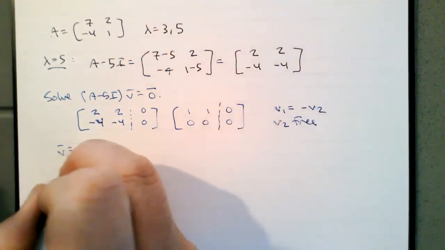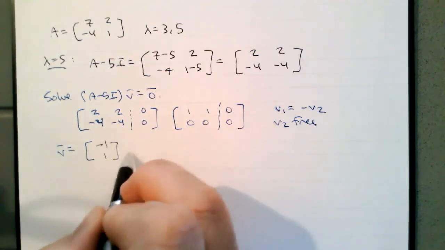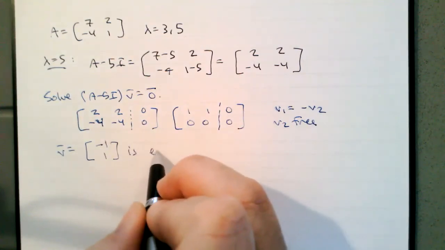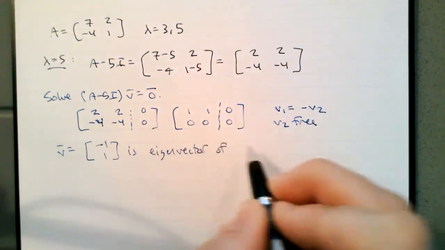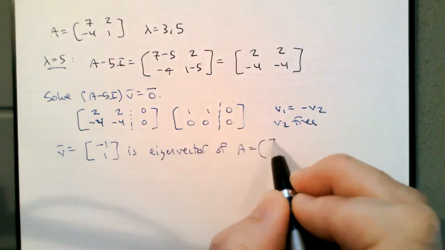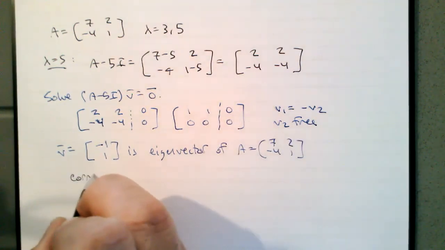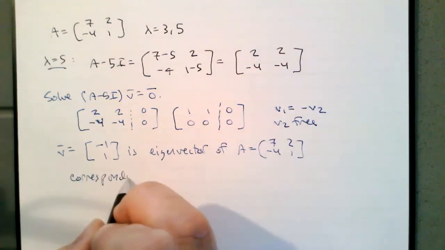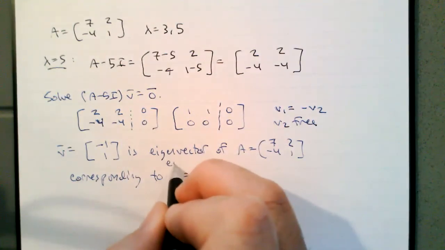So we go, -1, 1 is an eigenvector of A corresponding to lambda equals 5.